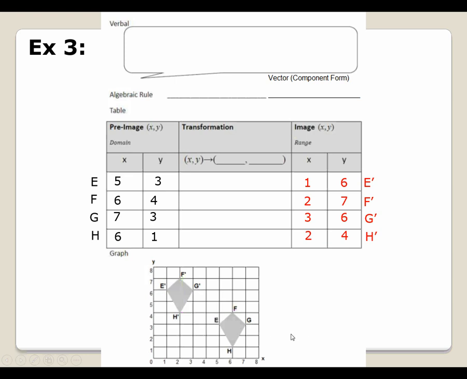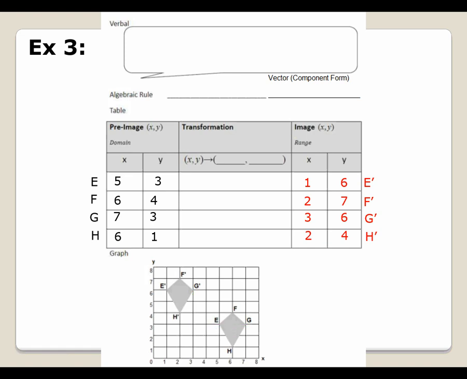And G also traveled left 4 and up 3 spaces to get to G prime. So I can literally count the spaces, like G went 1, 2, 3, 4 left and up 1, 2, 3. I can count the spaces on the graph to figure out what the transformation is, which in this case is a translation. So I can count to figure out the translation, which is pretty cool.